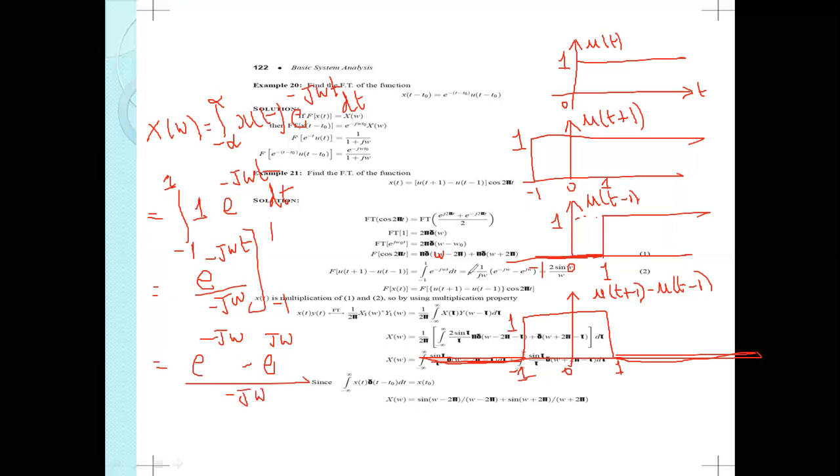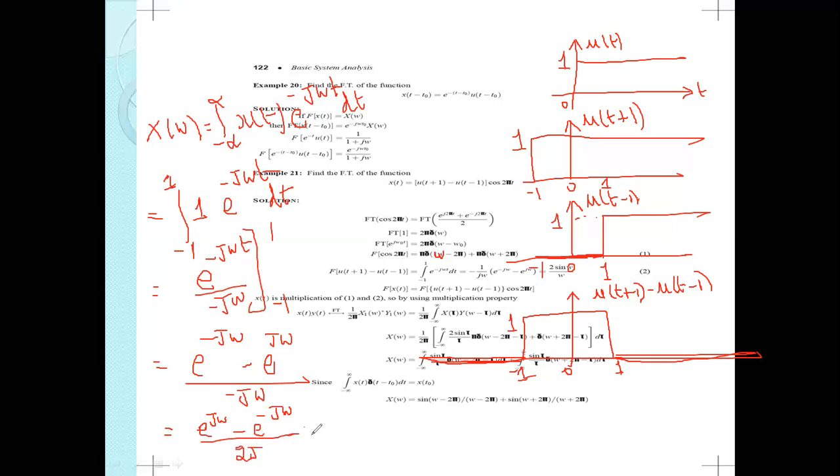So it is a Fourier transformation. Here it is minus 1 by j omega times e power minus j omega minus e power plus j omega. Take this minus as a term and change the sign here. It becomes e power j omega minus e power minus j omega, whole divided by 2j.